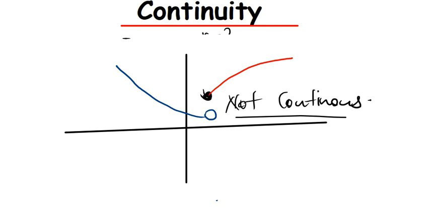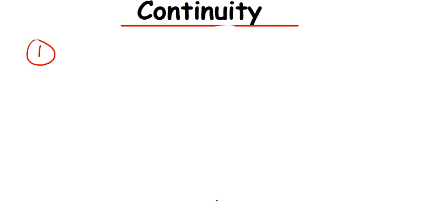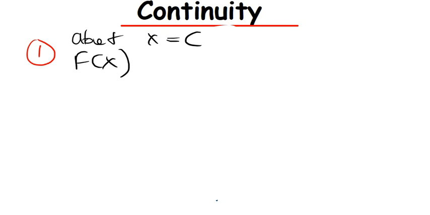Now let's come up with a definition. One thing that creates the existence or continuity of a function about a point are three conditions. So for a function f of x to be continuous about a point x is equal to c, the conditions that apply are, number one, the limit about that point exists.